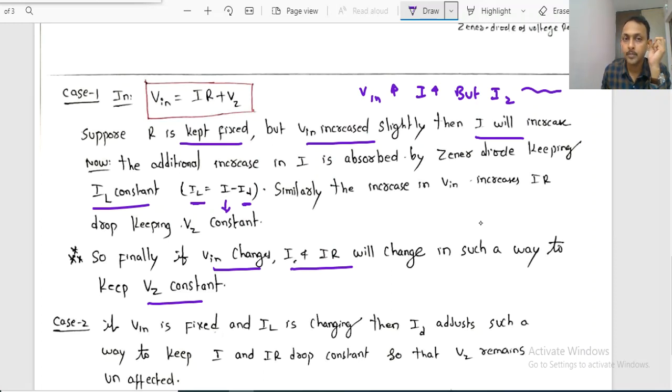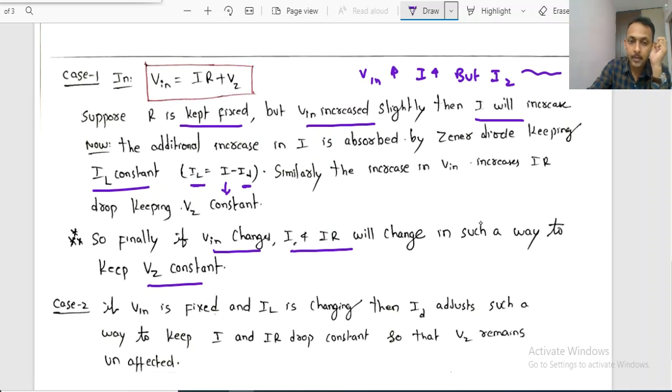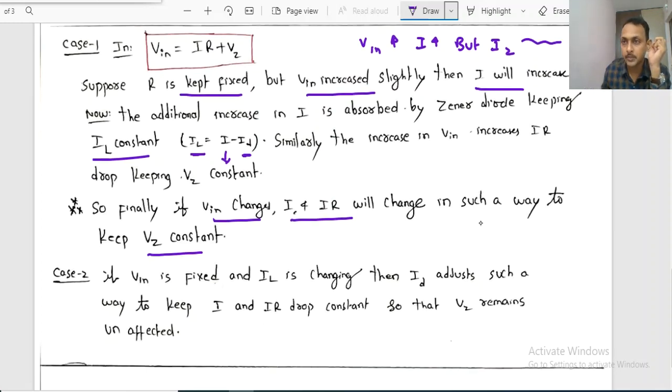Clear? Right. Similarly, if input voltage is fixed, another case is also possible. Input voltage is kept constant, but there is a change in the current drawn by the load. At that time also, again, the current through the diode will get adjusted in such a way that overall VZ remains constant.